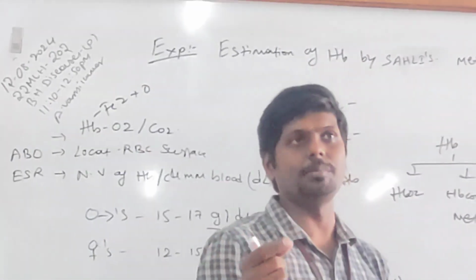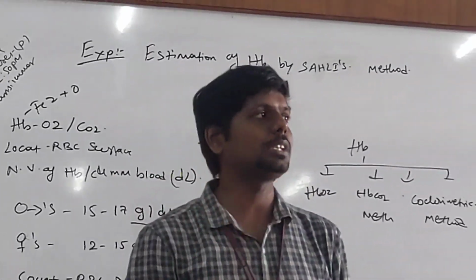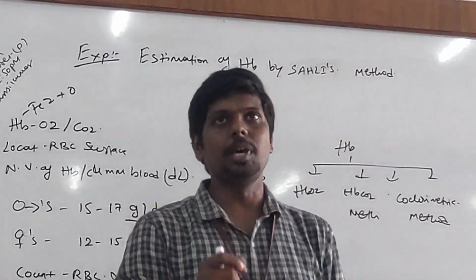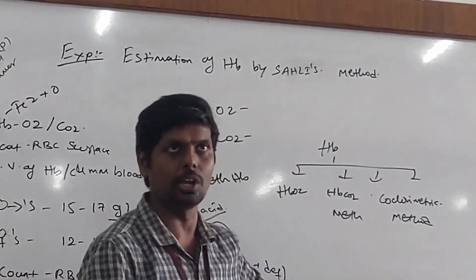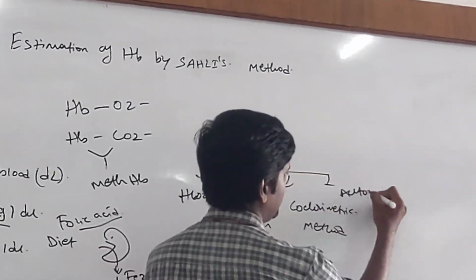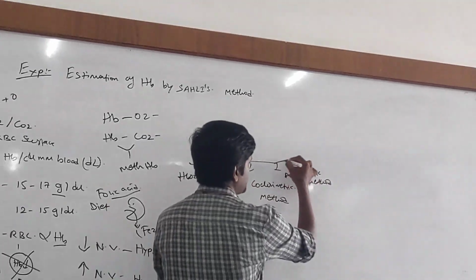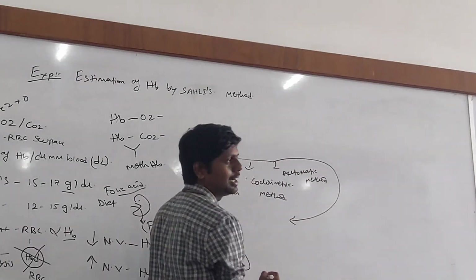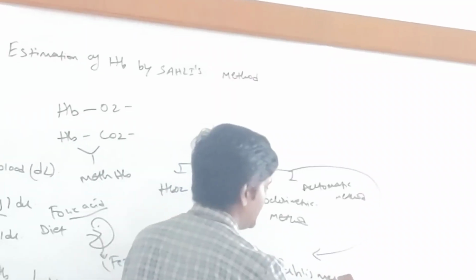Okay, there is a small instrument that will measure the color of any substance, color of reagents. Based on the intensity of color, it will give the reading. That is called colorimetric method. And the fourth one, automatic method. And the last and final but most important method, that is our Sahli's method.